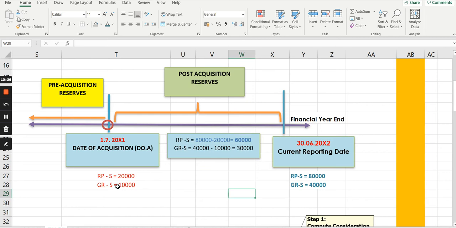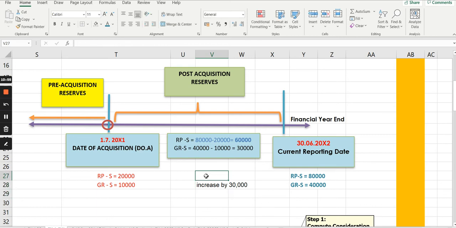And for the general reserve, 10,000 versus 40,000, it has increased by 30,000.